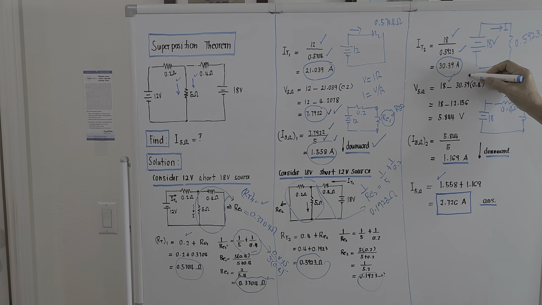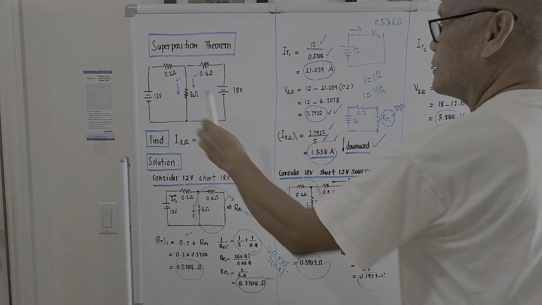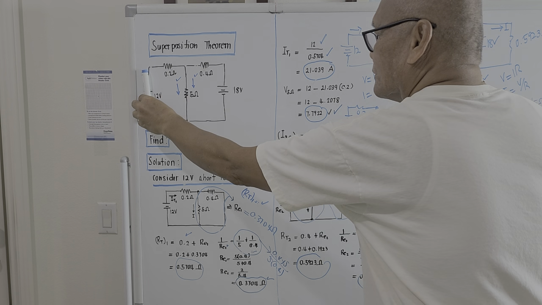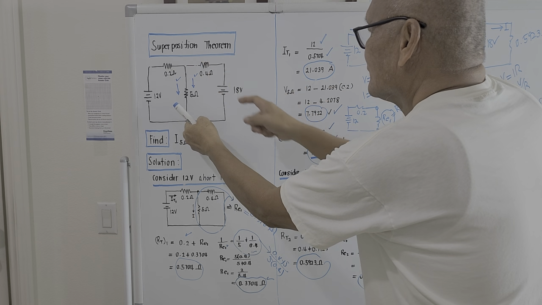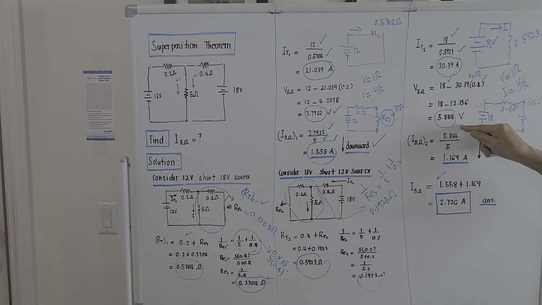This is still voltage equal to IR, right? Current, this is resistance. This is voltage. So what will come out will be 5.844 volts. Meaning to say, if we try to short out the 12 volt, the voltage across this, due to this 18 volt source, will be 5.844 volts.